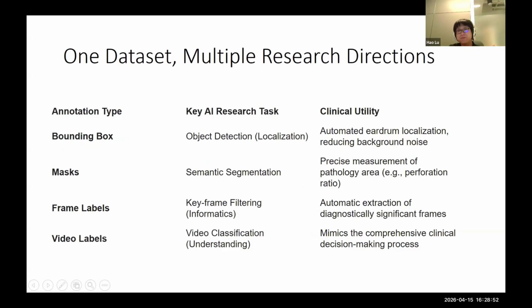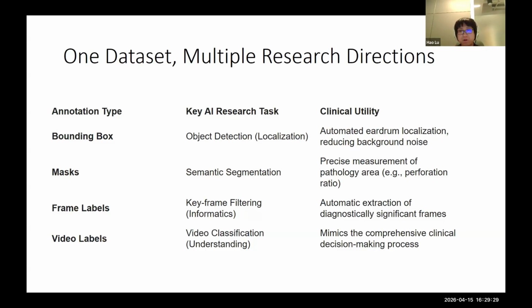And after we label the whole data set, we will train the model for object detection, which detects where the eardrum is, and do the semantic segmentation to segment the pixel level eardrum, and predict the frame level label, which frame is a key frame. Because as I mentioned previously, we already have this kind of tool. However, the end-to-end model doesn't work stably because we don't have enough data.